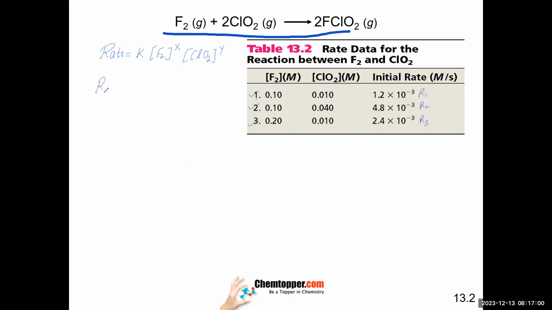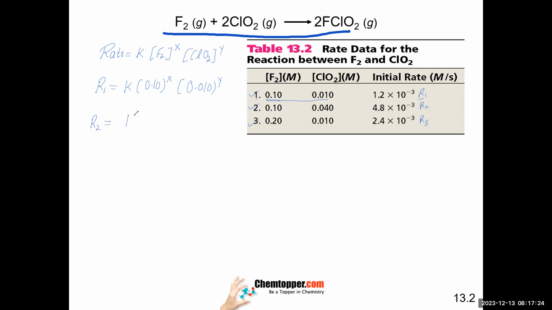Rate 1 is k times the concentration of F2, 0.10 raised to power x, ClO2 0.010 raised to power y, from here. This is rate 1. Now pick up rate 2.